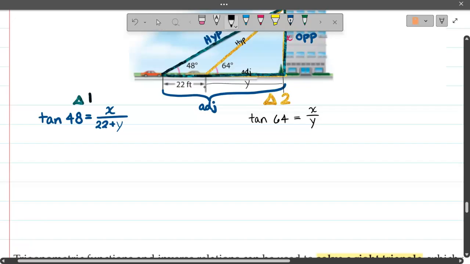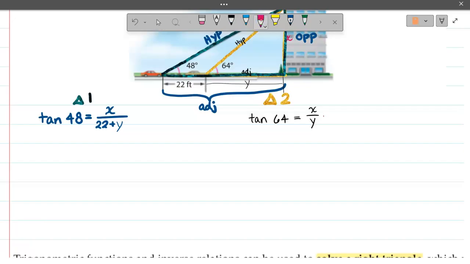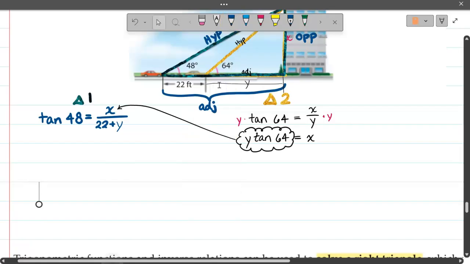So, for instance, right here, if I multiply both sides of this equation by y, I now have y tangent of 64 equals x. From here, I know what x equals. X equals this, and I can substitute that into my other equation over here. So now I'm going back to my blue equation.